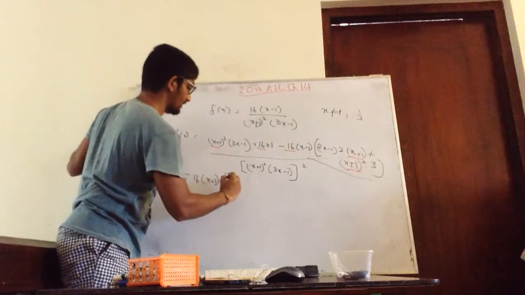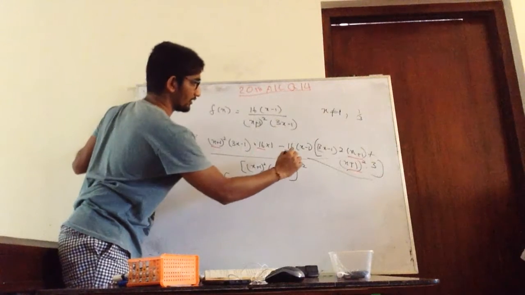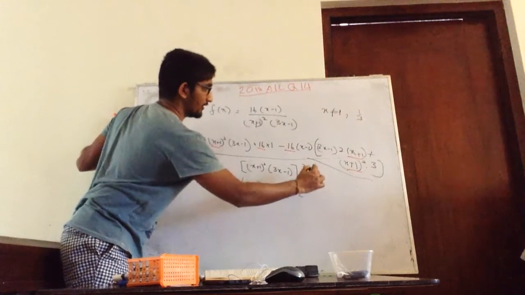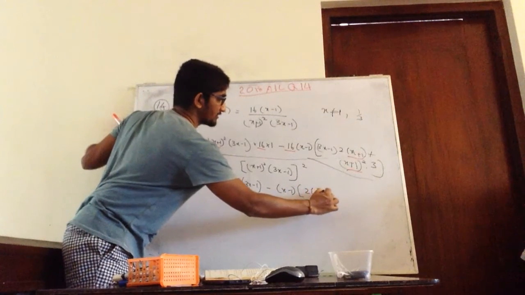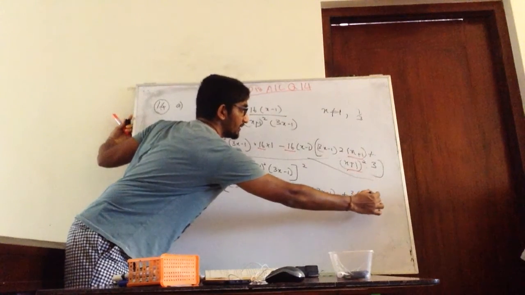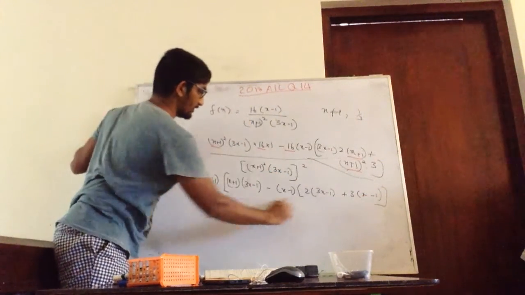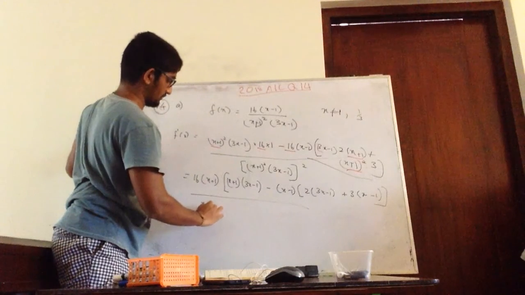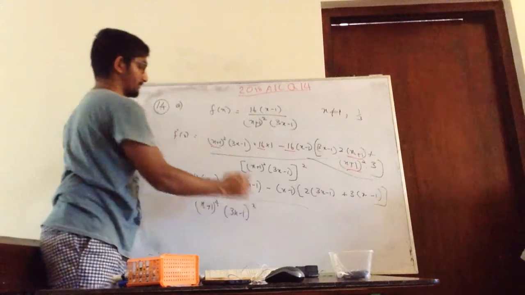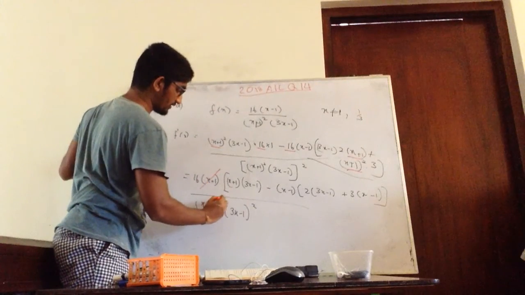Then I will get (x + 1)(3x − 1) minus (x − 1), you will get 2 times (3x − 1) plus 3 times (x − 1). Right? So you will get here (x + 1)⁴ (3x − 1)². So here I'm going to cut this off and write this as 3.